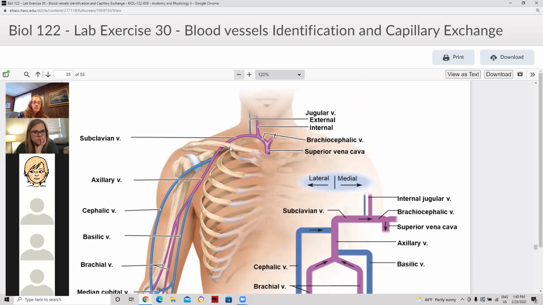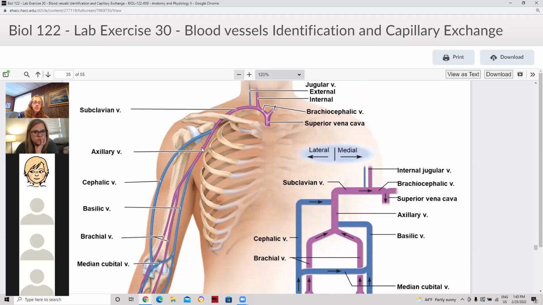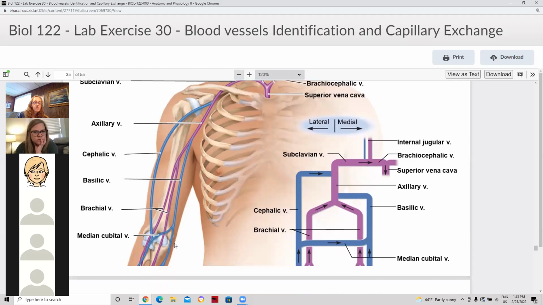Subclavian vein, the axillary vein, which has a branch, the cephalic vein coming off, and the basilic vein coming off, which come together, the cephalic and the basilic vein, coming together to form that median cubital vein.